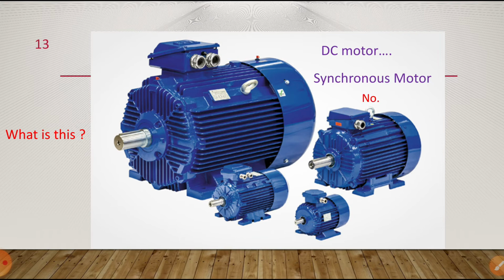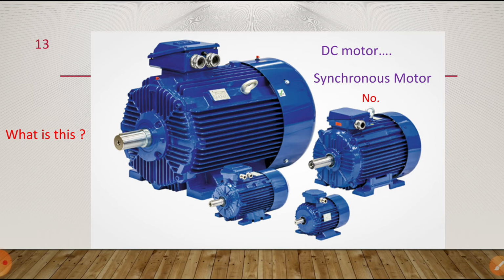You know that the DC motor requires a DC supply, and for the synchronous motor we require the DC supply and the AC supply. But here only an AC supply is required. Can you expect it?